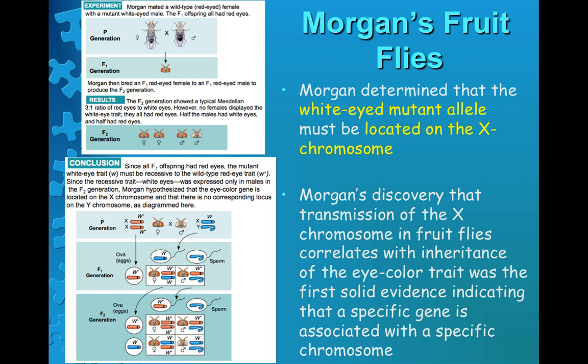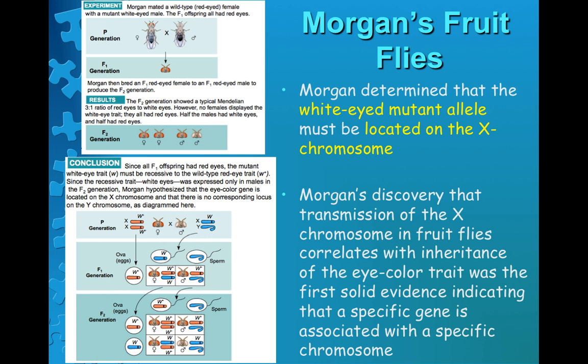That was able to give Morgan convincing evidence that, if all of the males have to show that mutant, and we know that males are XY and females are XX, then that trait has to be located on the X chromosome, because the males don't have a second X to cover up or act as a carrier.